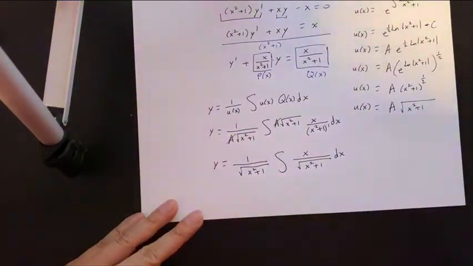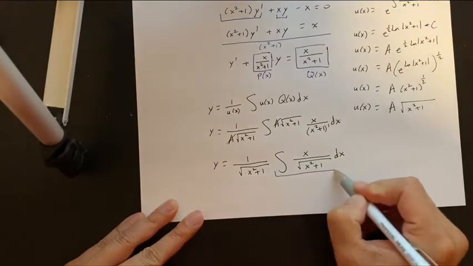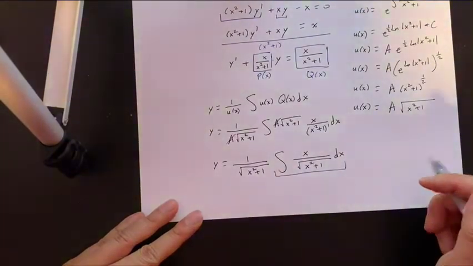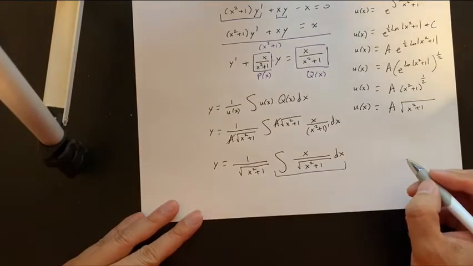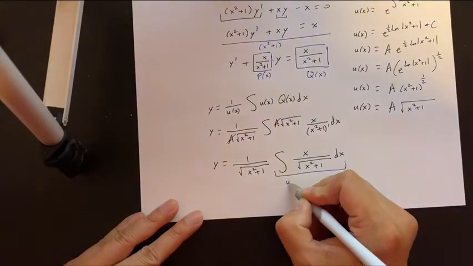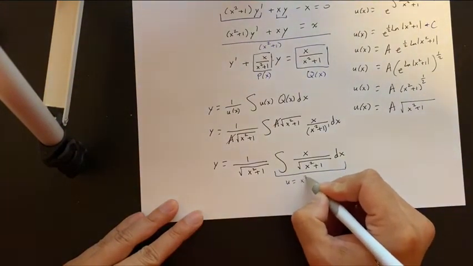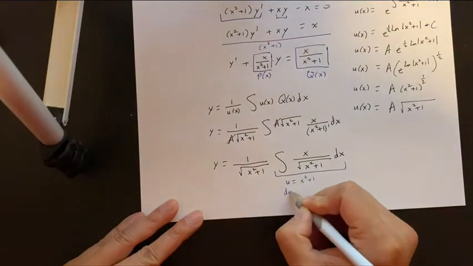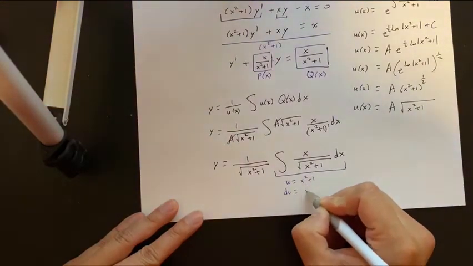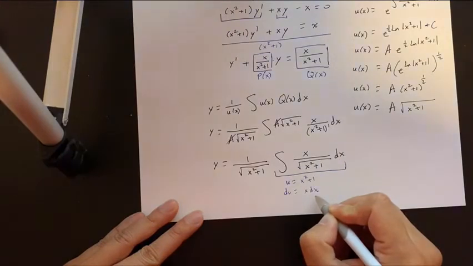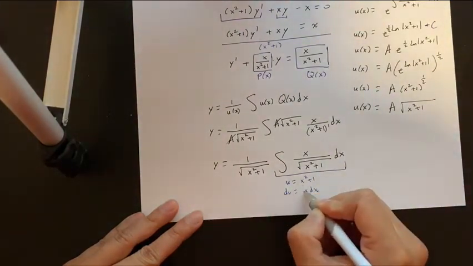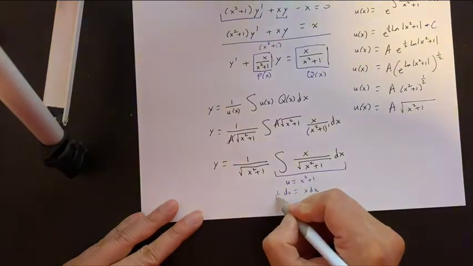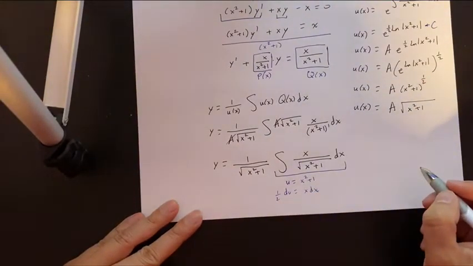All I have to do now is take the antiderivative of this function, and we just need to apply the u sub. So u is x squared plus 1, du is 2x dx. But I just see an x dx, so what happens to that 2? You bring it to the left side, and you get 1/2 du is x dx.